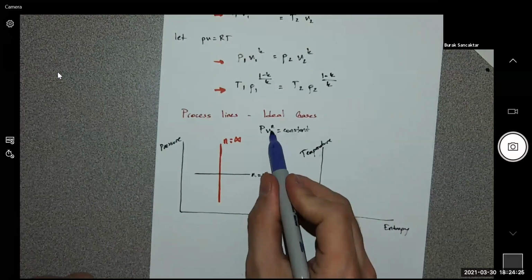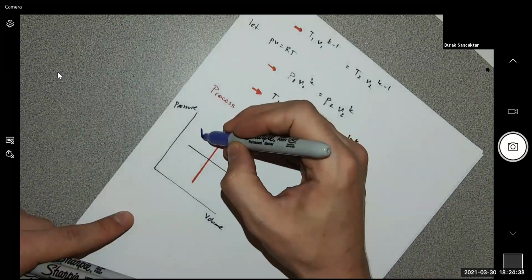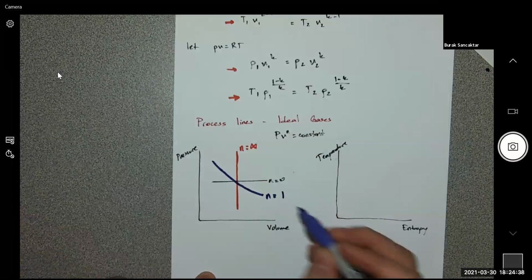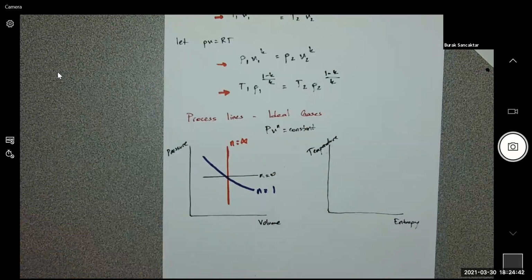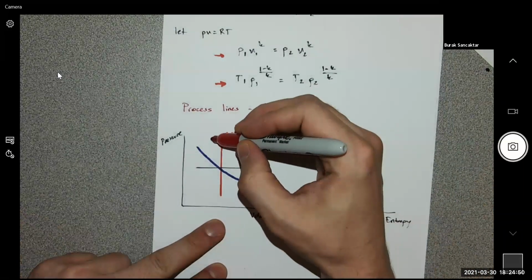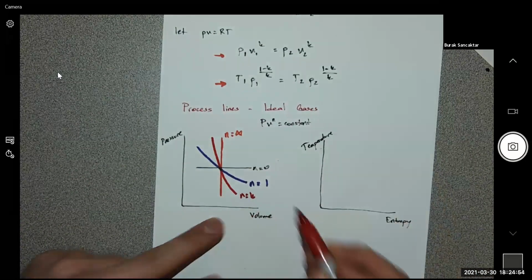N equals 1, PV equals constant, the process becomes isothermal. And n equals k, the process becomes isentropic, which is a steeper curve.